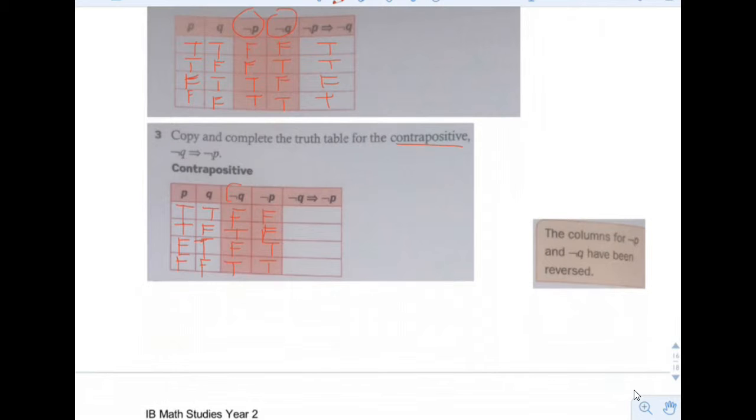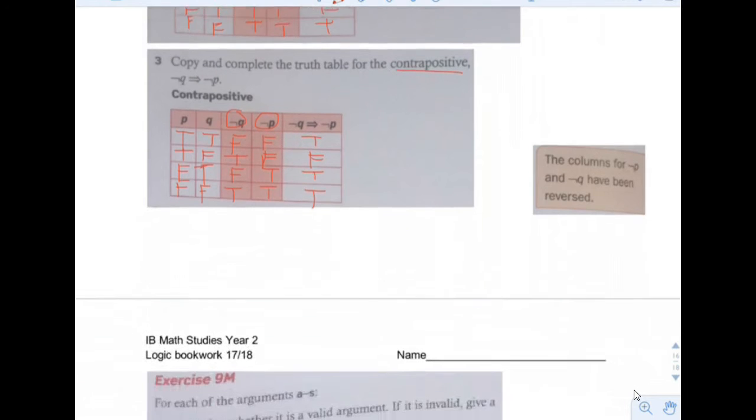Okay, and then we check, does not Q imply not P? And so if both are true, then that's definitely valid. If not Q is true, then that's fine because not P can be anything in that case. But if not Q is true and not P is false, then that's bad. That's invalid.